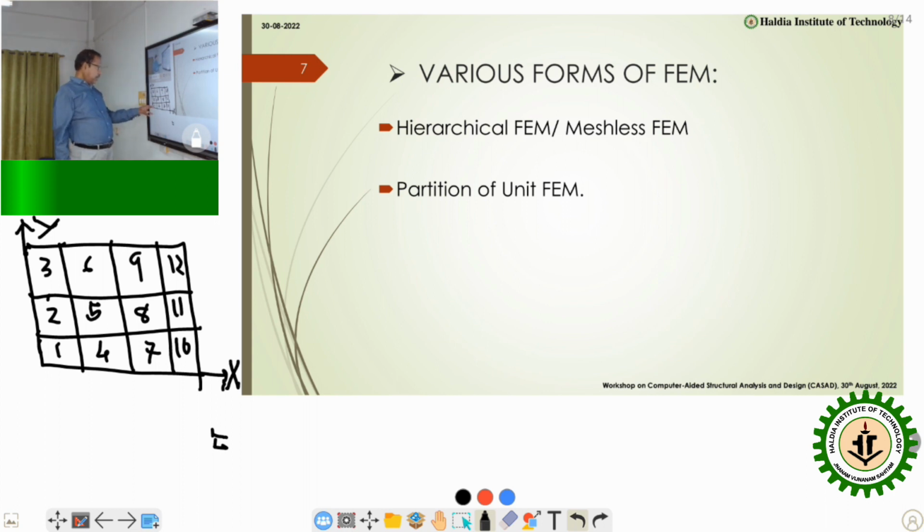So in the x direction, it has been divided into 4, and in the y direction into 3, constituting 4 into 3 equal to 12 meshes or 12 elements.